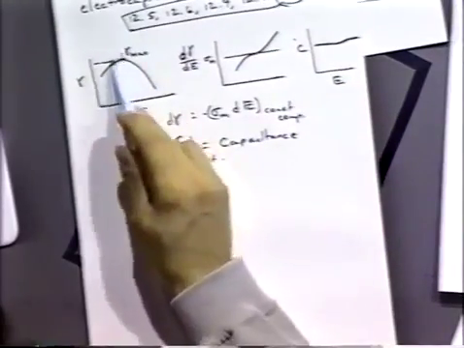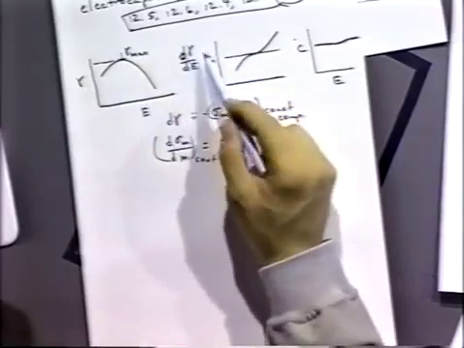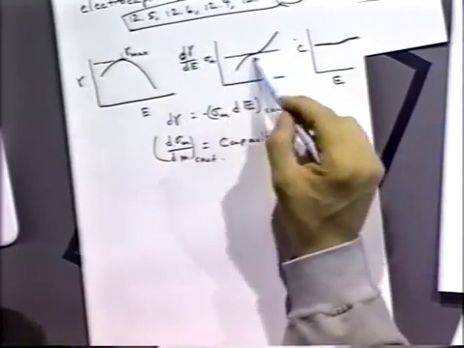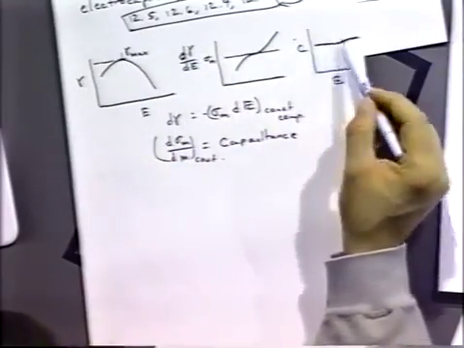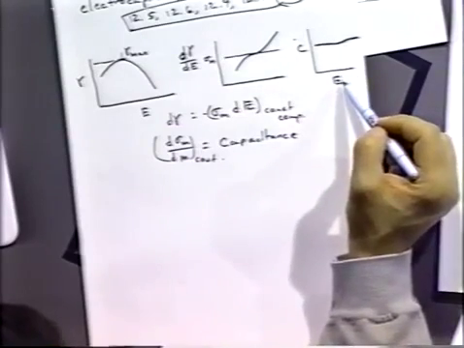So by measuring the curve here, we can do the derivative of that and get this curve, and then doing the derivative again, we get the capacitance as a function of potential.